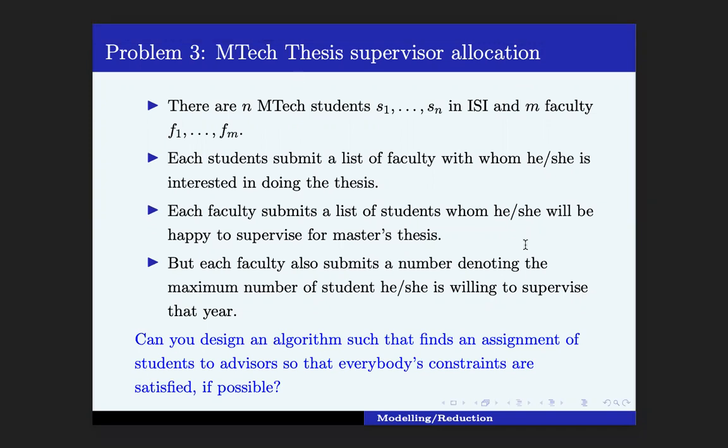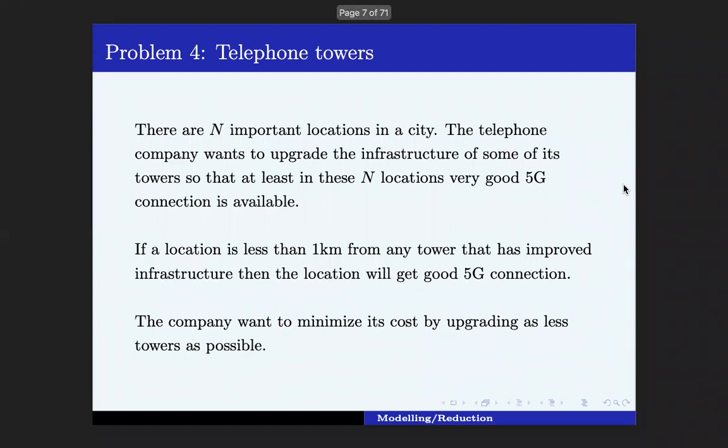Yes, I understand. So this is the third question. The fourth question is from a completely different area. Say there are n important locations in a city. The telephone company has decided to upgrade them to 4G.